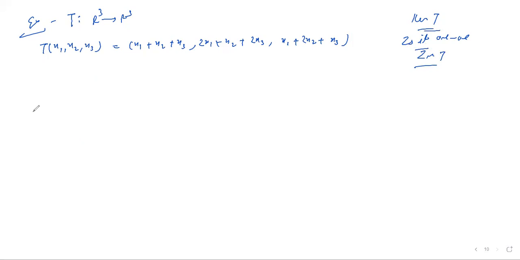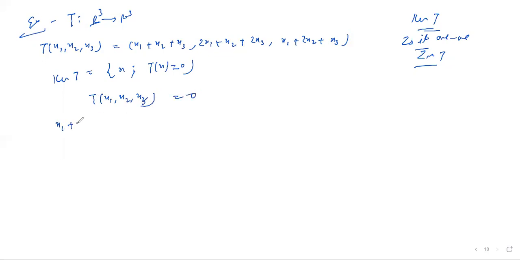So for the kernel, we can write ker T as all those vectors in the vector space R cube that map to the 0 vector, T of x equals 0, which means all those vectors T of (x1, x2, x3) which map to 0.